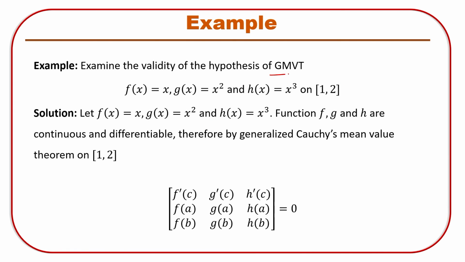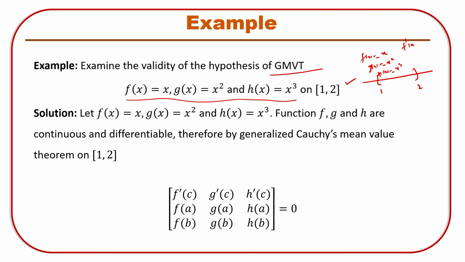Now, can we validate the hypothesis of the generalized mean value theorem for these three functions on [1, 2]? So, here it is given the closed interval 1 to 2, and we have three functions: f(x) equal to x, g(x) equal to x square, h(x) equal to x cube, right?